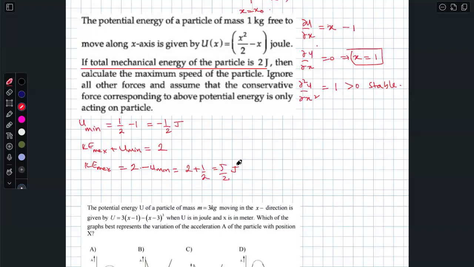They are asking for maximum speed. So half m v max square is 5 by 2. M is 1 kg. This implies v max is root 5 meter per second.